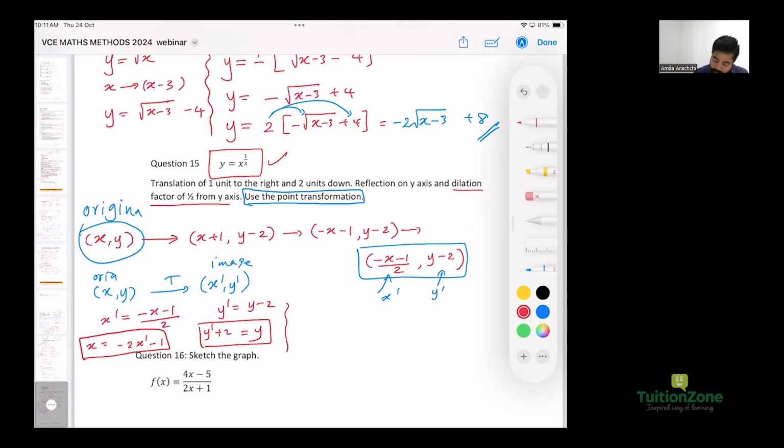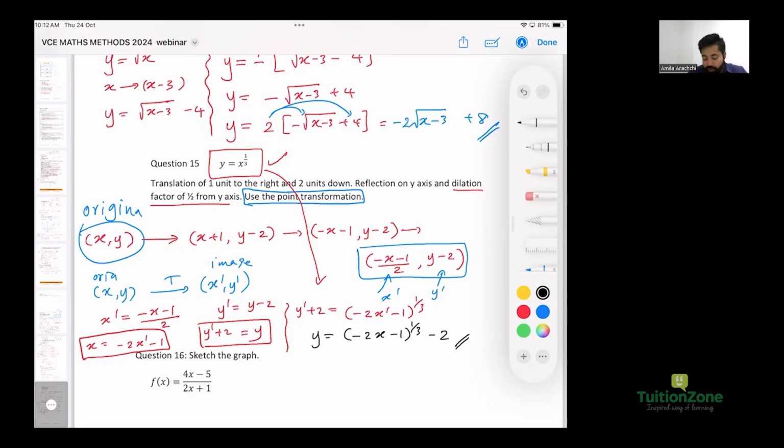So sub them into the equation, which is y dash plus 2 is equal to negative 2x dash minus 1 to the power 1/3. You can remove the dashes now, not a big deal. The equation is y is equal to negative 2x minus 1 to the power 1/3 minus 2. See? So this is the transformed equation or the image.